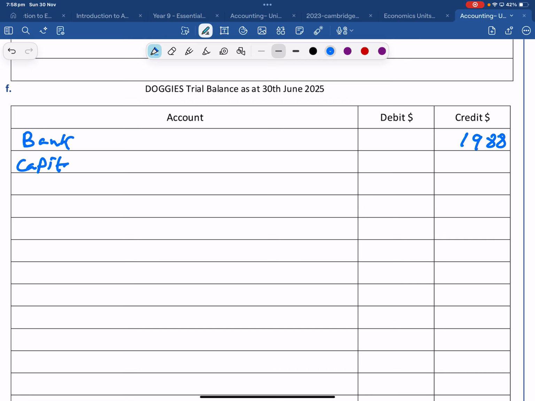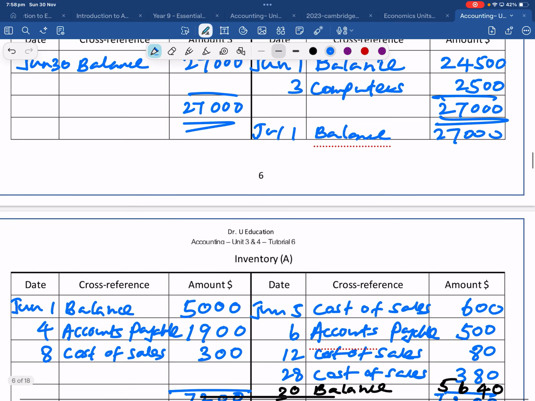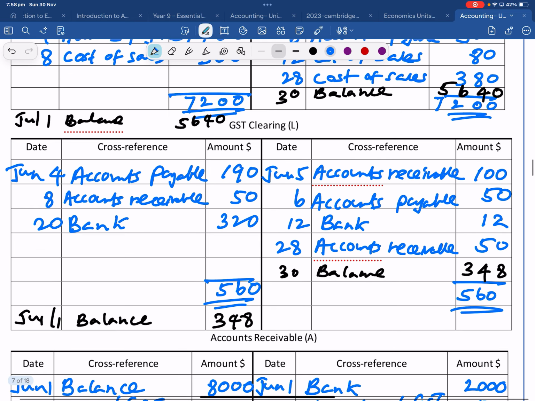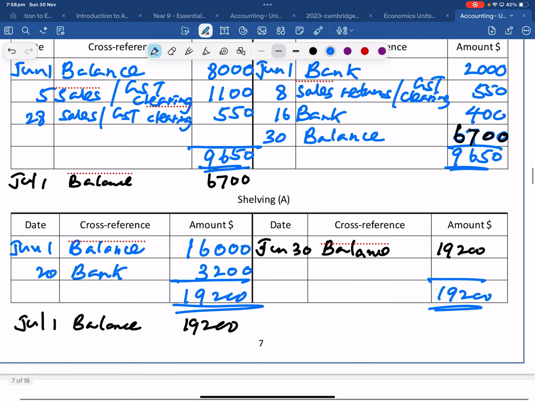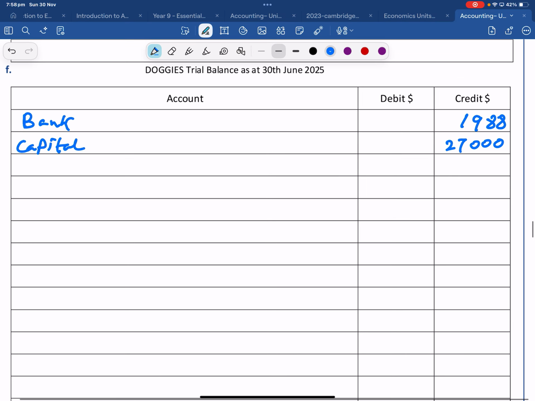Capital 27,000. Then inventory 5640. GST clearing 348.